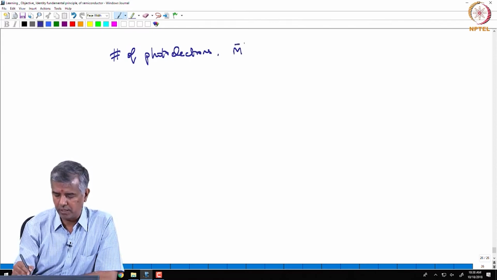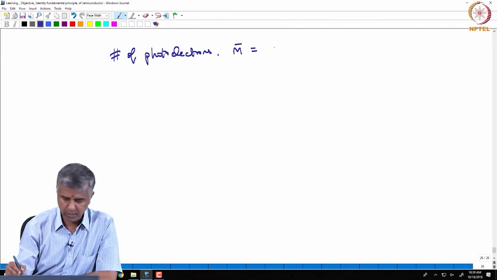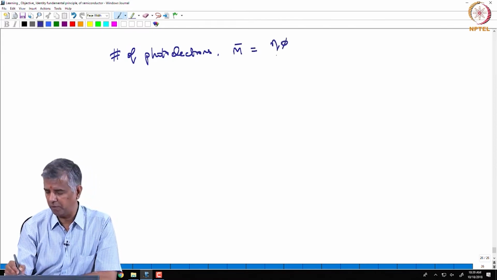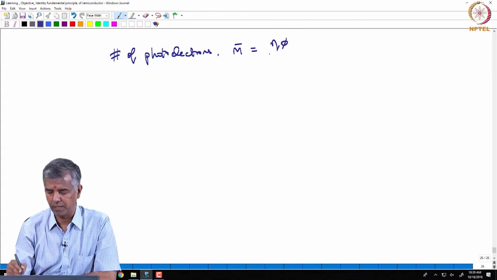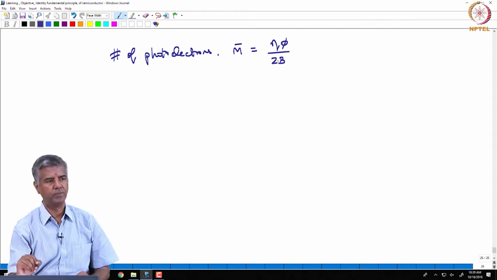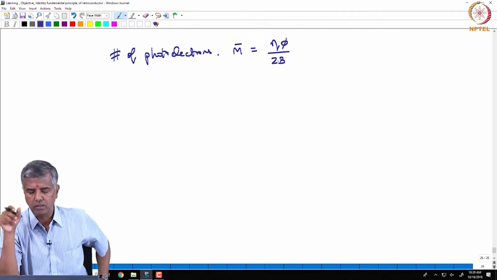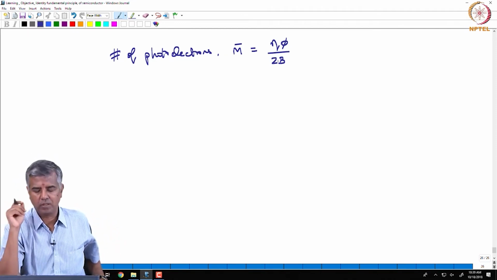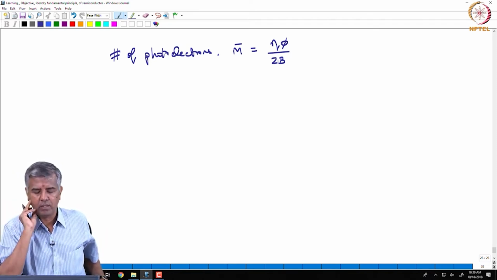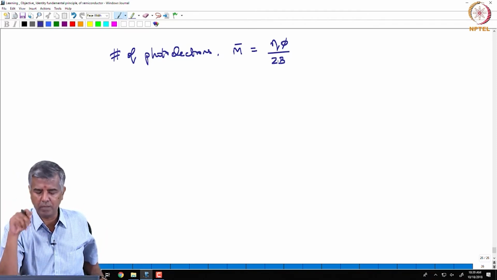The mean number of photoelectrons is given by eta multiplied by phi, which is what we had in the previous case, divided by 2B, where 2B corresponds to 2 times the bandwidth of your photoreceiver. Okay. So, the number of photoelectrons will be given by this.